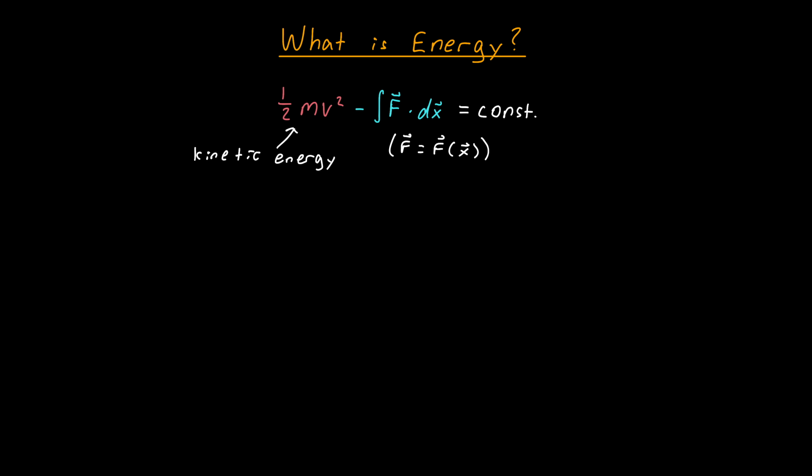And for that reason, if this is the case, then we call the whole term, including the minus sign, potential energy, right? Because just being in a certain position adds to this quantity and gives you the potential to start moving, because it's the sum of the kinetic and potential energies that remains constant. So if you have more potential energy in one position than another, then by moving to the new position, you reduce your potential energy, and therefore your kinetic energy has to increase, right?